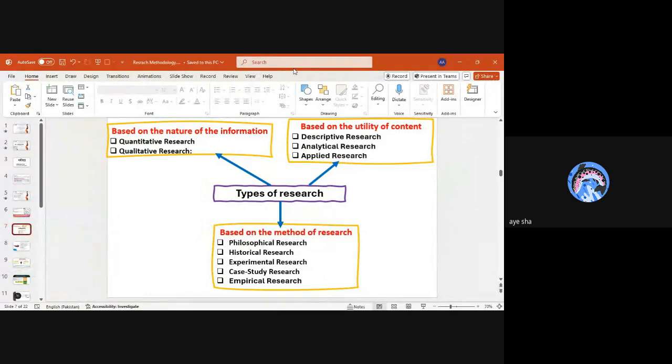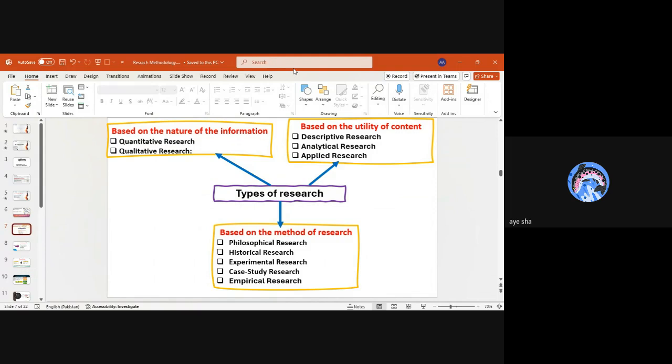Then we have the types of research that are based on the utility of the content, that is, how you are going to use the data. Number one is descriptive research, which, as the name suggests, is describing or explaining something.